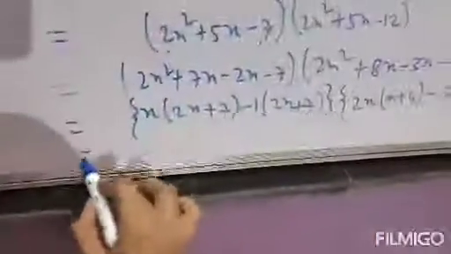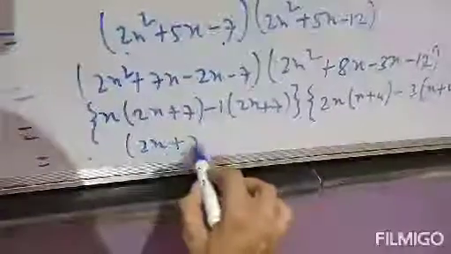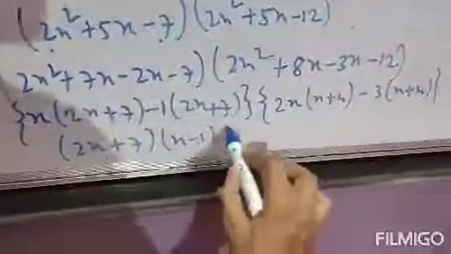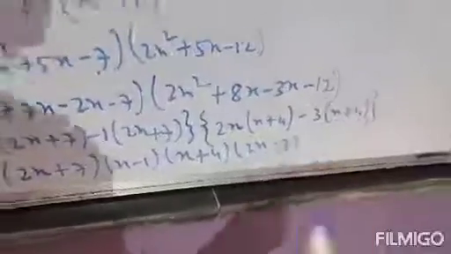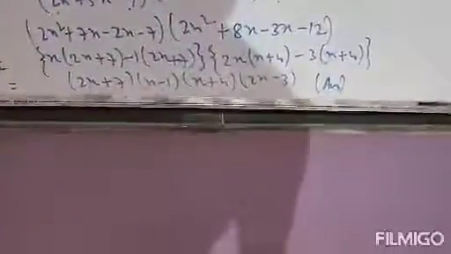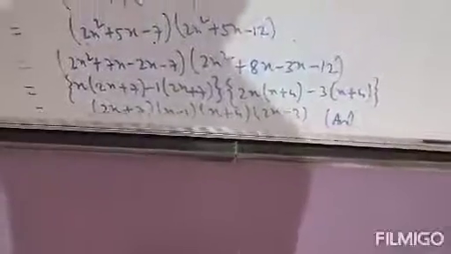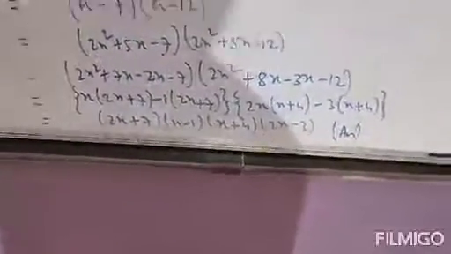Now from this take 2x plus 7 as common, and the remaining is x minus 1, and from here take x plus 4 as common, and 2x minus 3. So this is the last and final answer: 2x plus 7, x minus 1, x plus 4, and 2x minus 3. Clear? So question number 18 is complete.